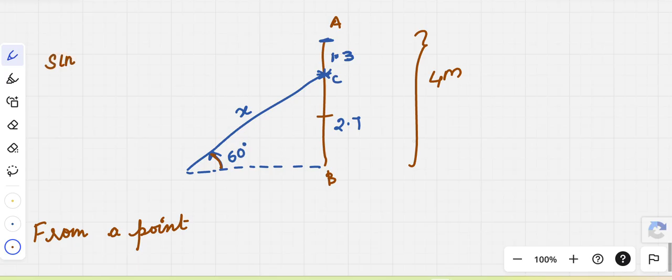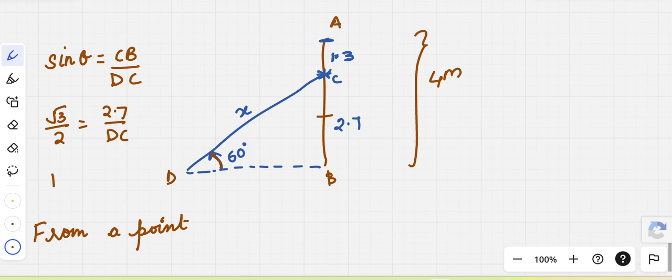You can say sine theta is equal to CB by CD. Correct? Sine 60 is root 3 by 2. 2.7 by DC, and you can figure it out, isn't it? 5.4 by root 3.